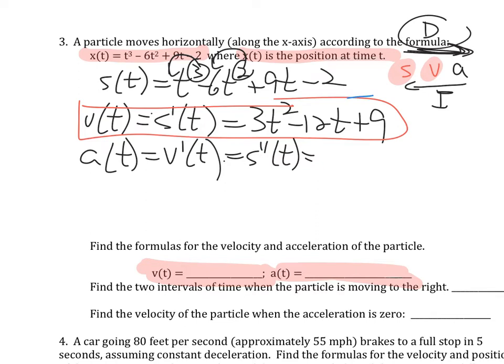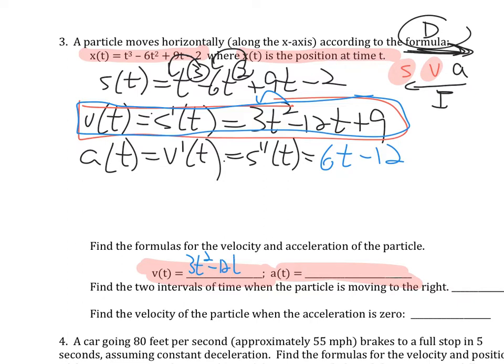So I'm just going to go back to my velocity function now and find the derivative again. So I'm going to have 2 times 3 is 6t minus 12. So those are our functions. The velocity is 3t squared minus 12t plus 9, and our acceleration is 6t minus 12.